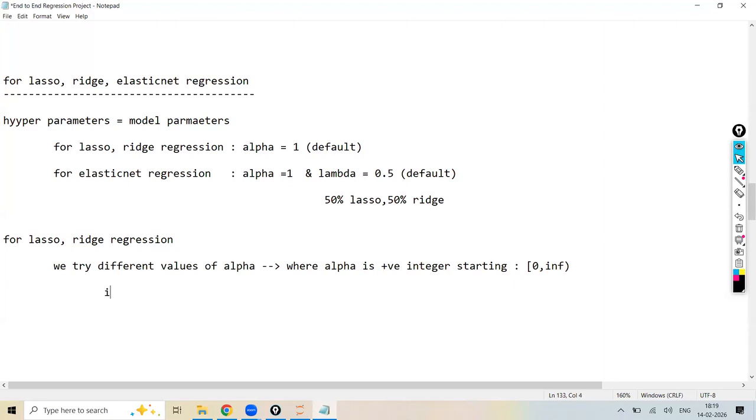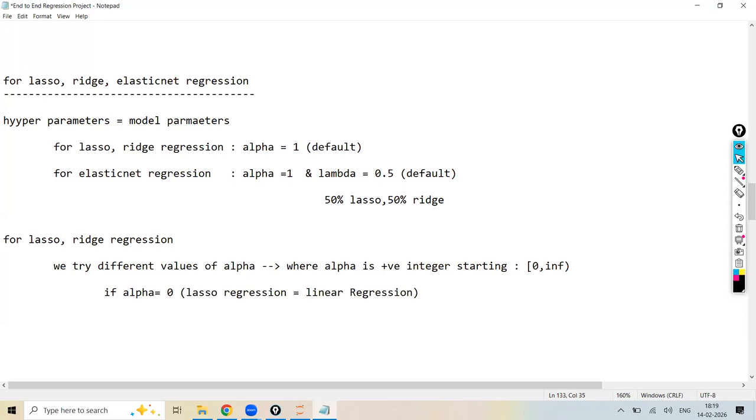If alpha is equal to 0, it directly indicates linear regression itself. If alpha is equal to 0, lasso regression is equal to linear regression.